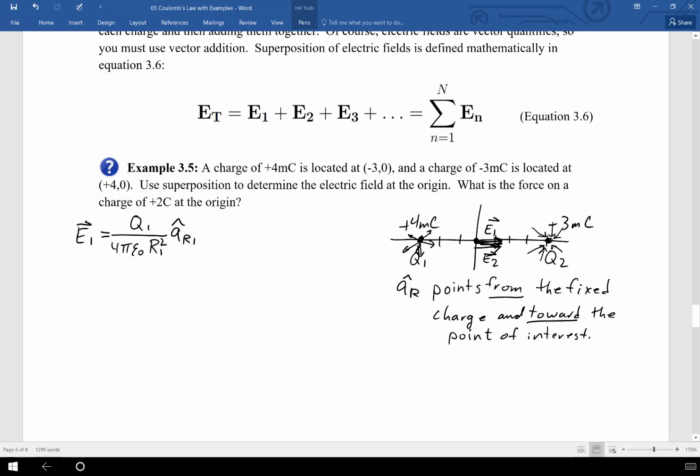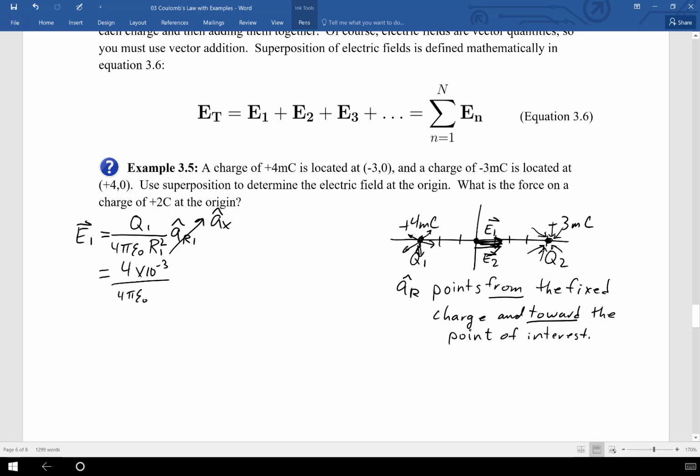So we can still do a sub R the hard way, or in this case we can do it the easy way. If we say a sub R1 is pointing from the fixed charge, which is Q1 here to the left, and it's pointing toward the origin, then I know that a sub R1 is just going to be positive a sub x. And I know that Q is going to be 4 times 10 to the minus third over 4 pi epsilon 0.